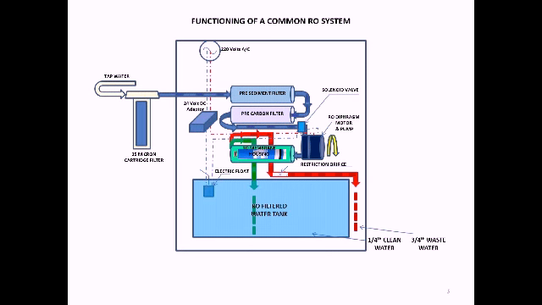So as you can see in this slide, the RO filtered water tank is full and the electrical float valve cuts the power supply to the solenoid valve as well as the RO diaphragm motor and pump.